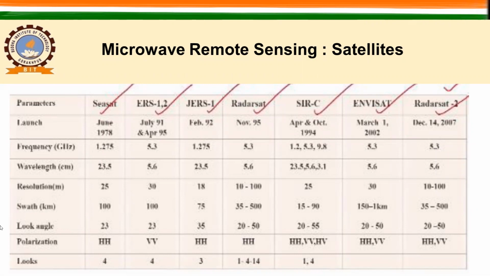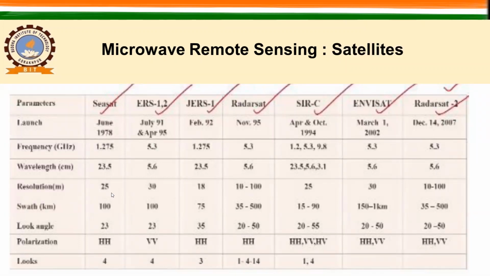So here I have listed some of the satellites which are working in the microwave domain, and this is not a complete list. This is the selected satellites. So first one is your CSAT, next is ERS-1, ERS-2, JERS-1, RadarSat-1, SIR-C, InVest, RadarSat-2.